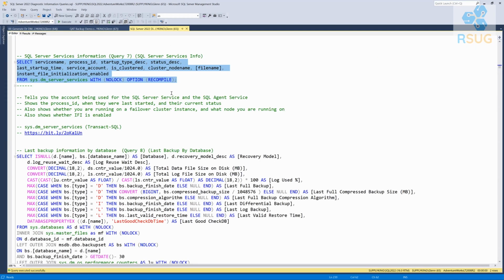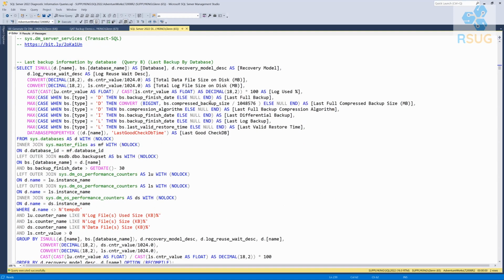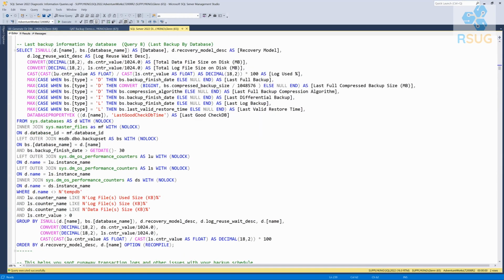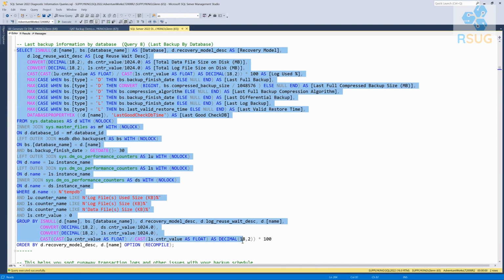So this next one is extremely useful: last backup by database. And I use this all the time because I spend a lot of time fighting disk space issues and runaway transaction log issues as I take care of databases at Kerber.